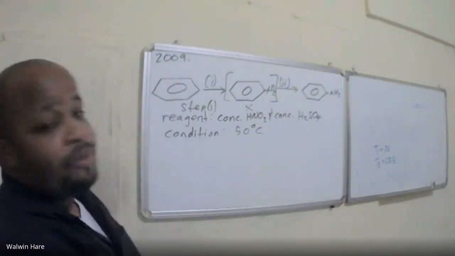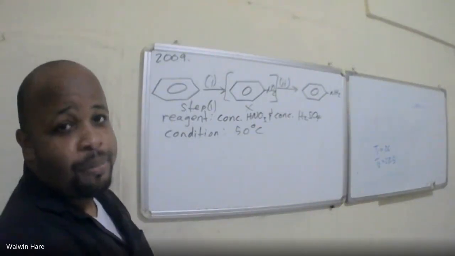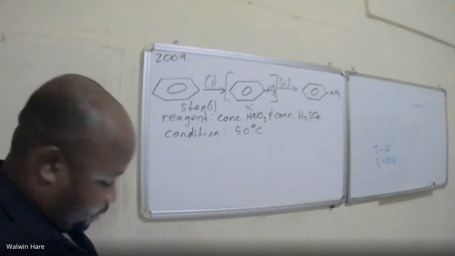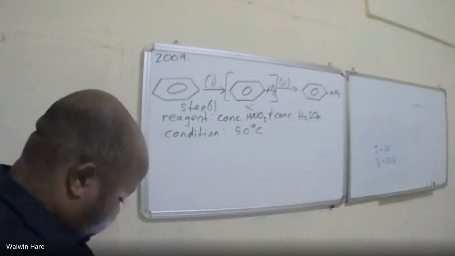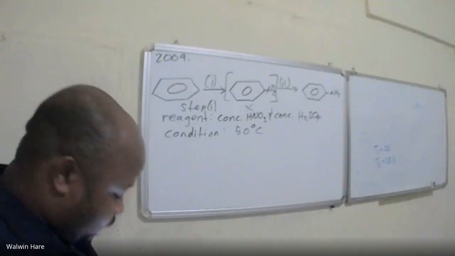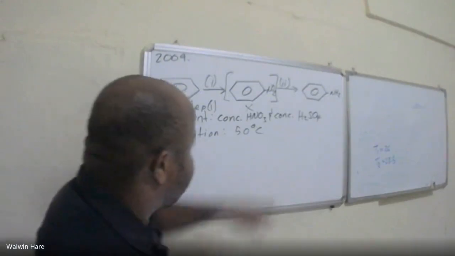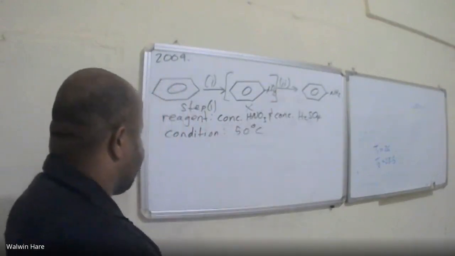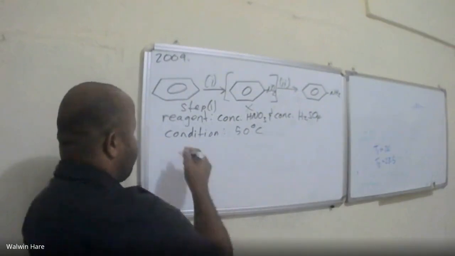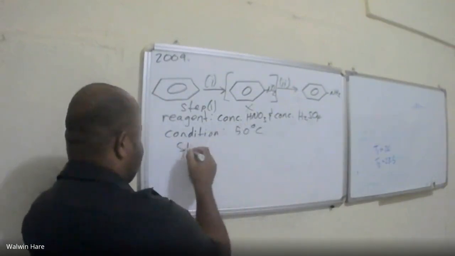By the way, what is the name of the reaction for step one? Nitration. Right, nitration. So the reagent required for stage two. So what's the reagent required for this second step?